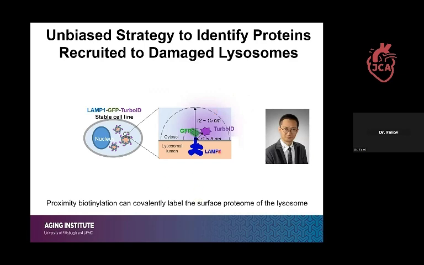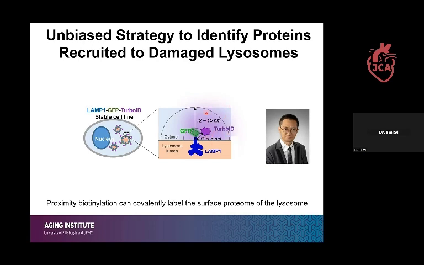So the strategy that we used was to engineer a cell line to express this fusion construct where we used the LAMP1 targeting sequence to the lysosome, a GFP moiety just to see it, and then on the outside of the lysosome, facing the cytosol, we express this enzyme called TurboID.